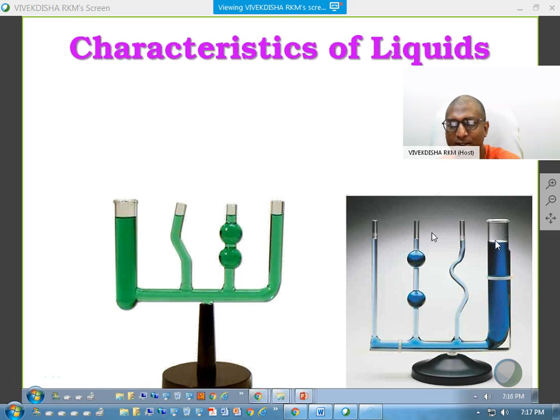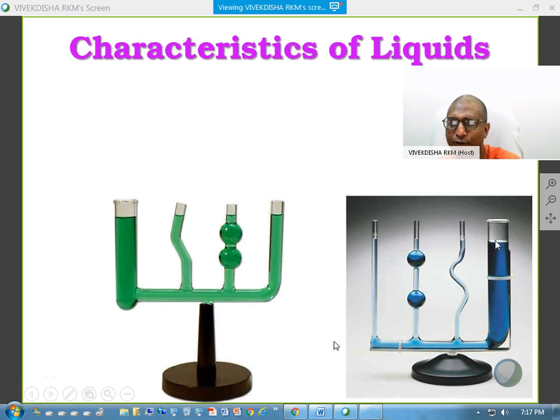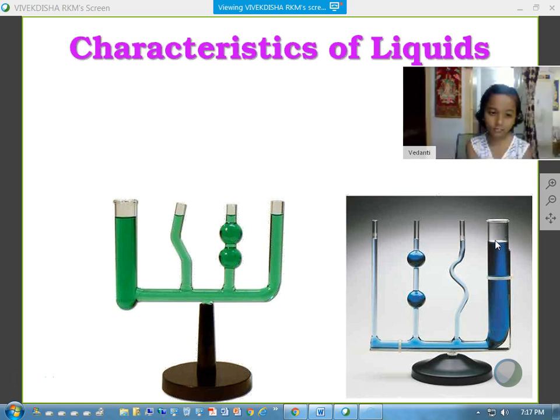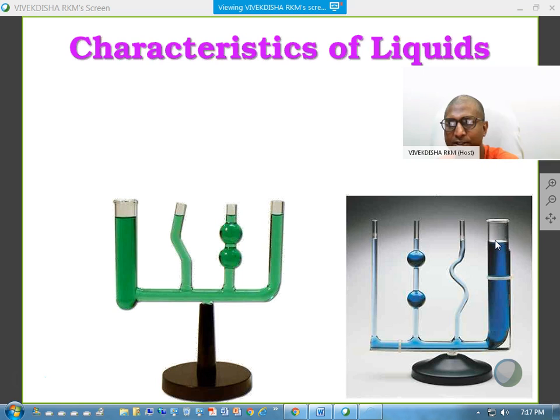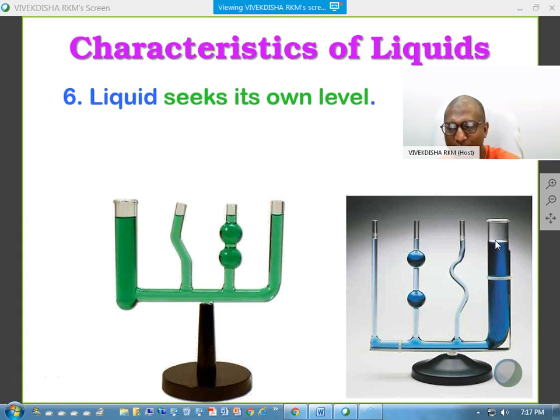Vedanti, what characteristics can we draw from this experiment? It is poured into different types of vessels. Yes, that's true. But what characteristics can we say from these vessels? I have written it. Check this one. Can you understand that?